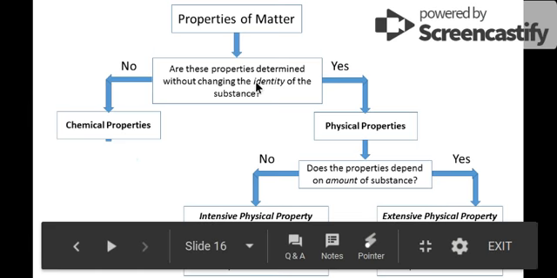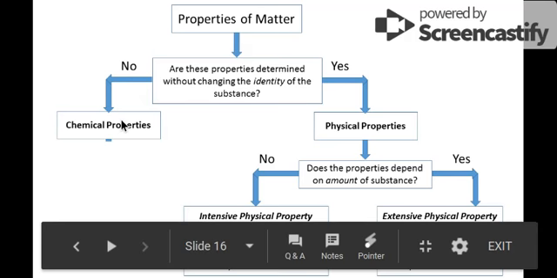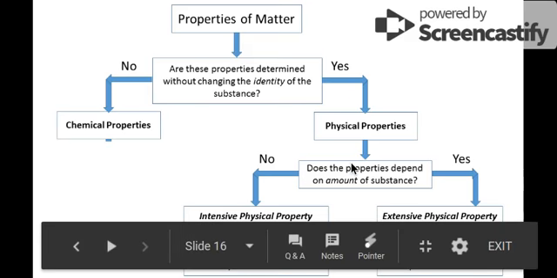So, let's start with this question. Are these properties determined without changing the identity of the substance? If it's a no, meaning it changes the identity of the substance, so automatically it is a chemical property. But if the identity doesn't change, so yes, that means it's a physical property. And for the physical property, you can go to the next question.